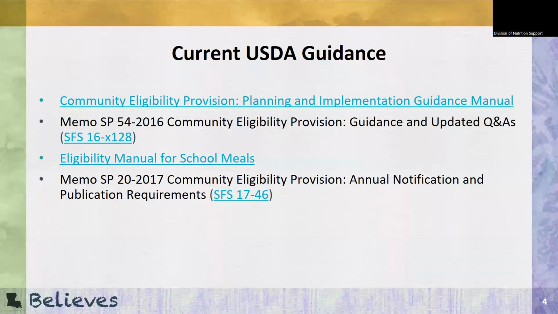The Eligibility Manual for School Meals, which was released in July 2017, and the Memo SP 2017 Community Eligibility Provision Annual Notification and Publication Requirements, or in our system as SFS 17-46, which was released in March of 2017.